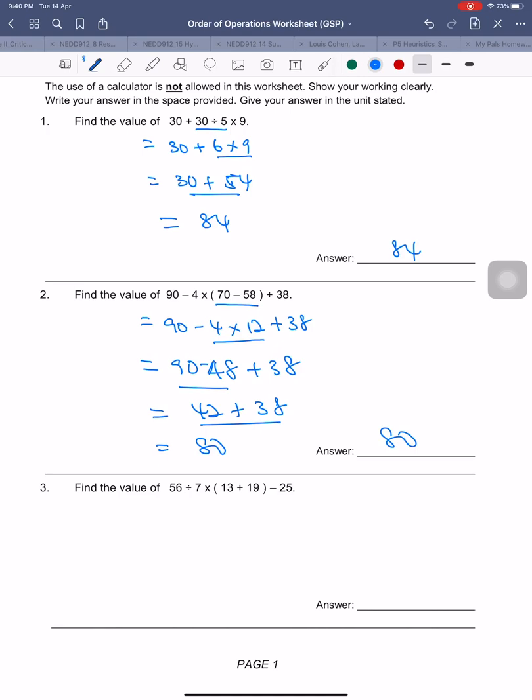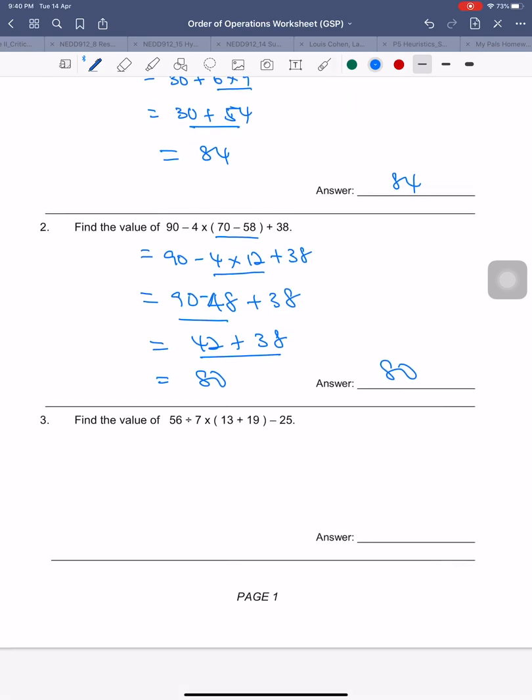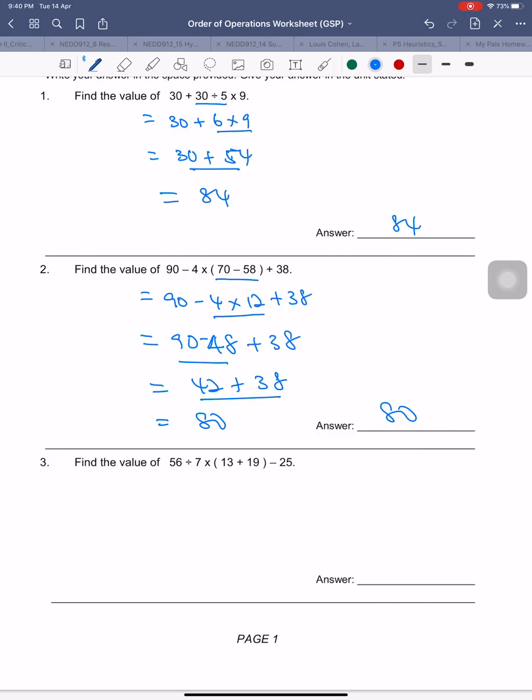Next, number 3, 56 divided by 7. Again, there's a bracket there. So rule number 1 says you do the bracket first. So 57 divided by 7 times 13 plus 19, so that will be 32 minus 25.